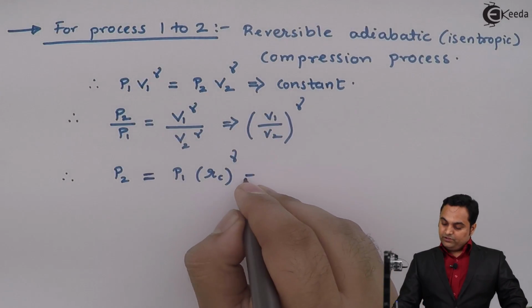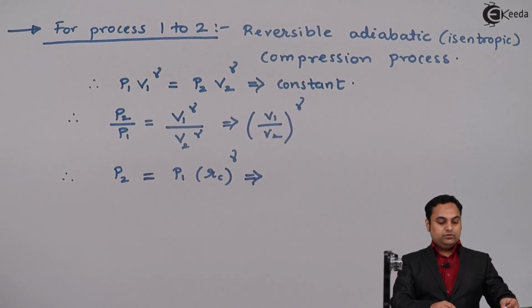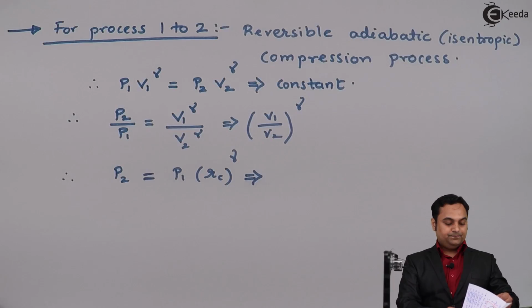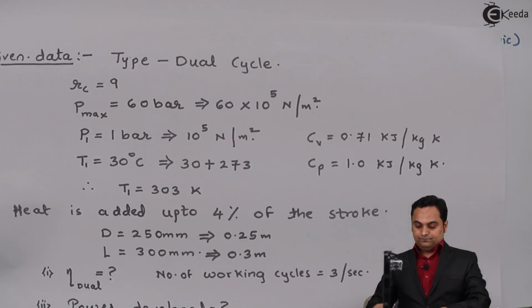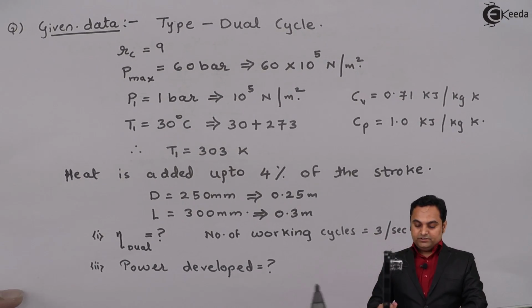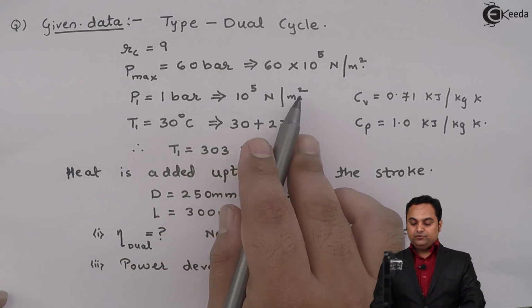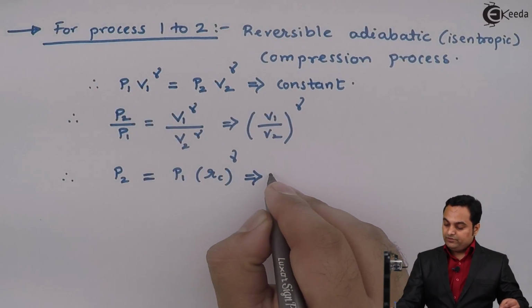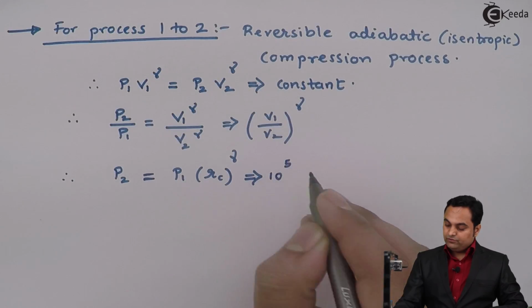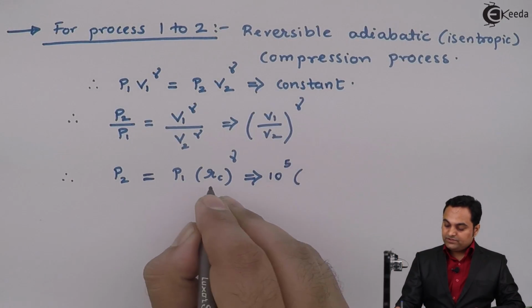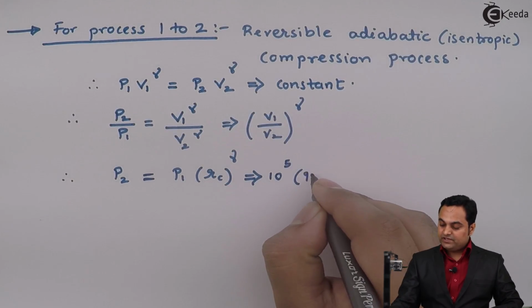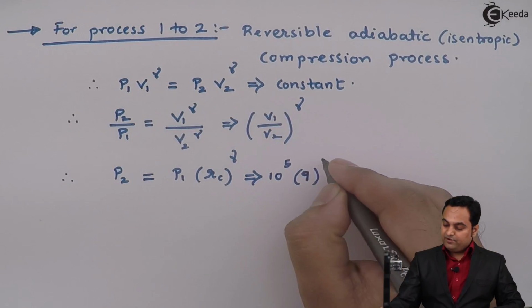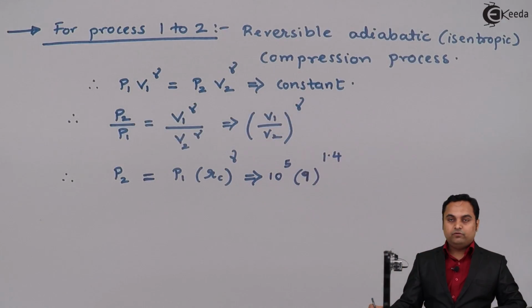Now if we look into the problem, P1 is 1 bar, that is 10 raised to 5 Newton per meter square. So I'll write down the value as 10 raised to 5 Newton per meter square. RC, the compression ratio, is given as 9, and gamma we can write as 1.4.